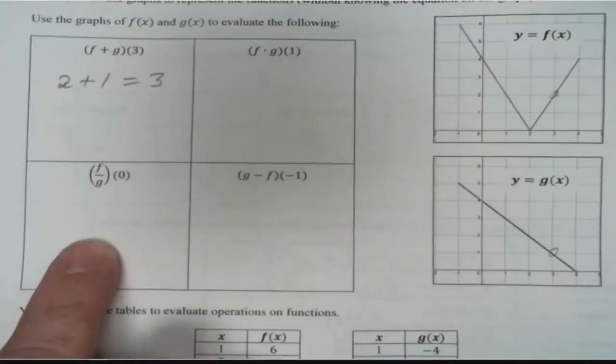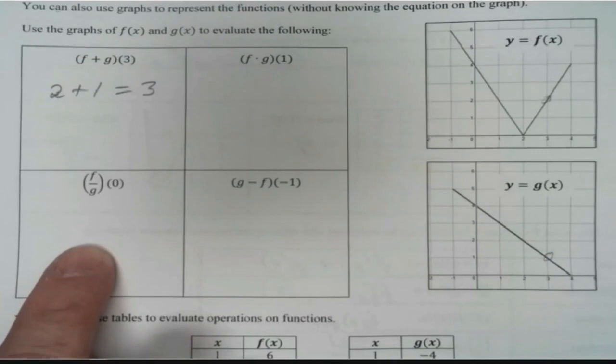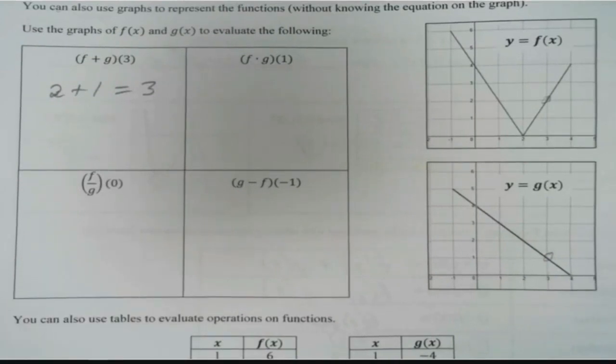F divided by g of 0. Haley says it's 0. Joel says it's 1. Got another 1.